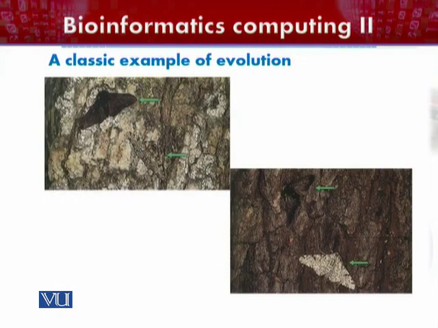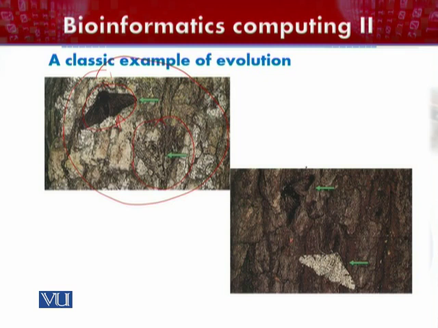In this slide, we can see that both the moths are sitting on this tree trunk. This is a picture without the sedimentation of industrial soot on the tree trunks. We can see that the dark colored moth is visible on this tree trunk, but the light colored moth is totally camouflaged, so it has the advantage of camouflage and will not be easily picked by the birds, while this one can be easily picked, as it has no camouflage on this lightish colored tree trunk.